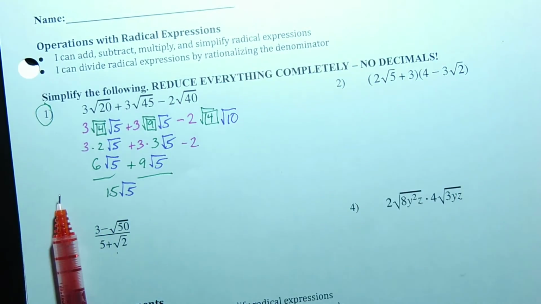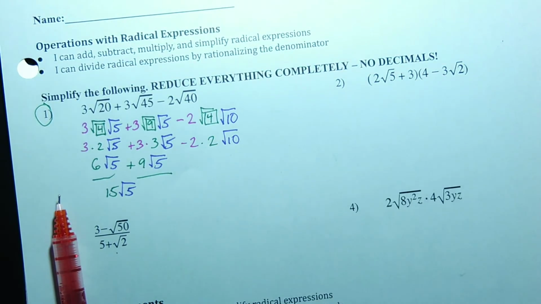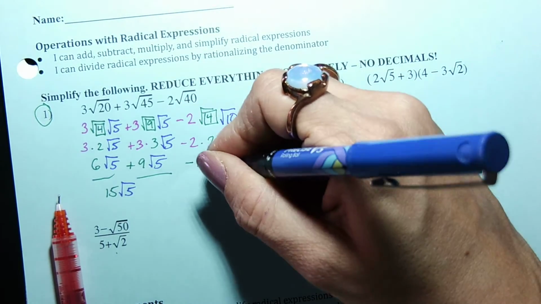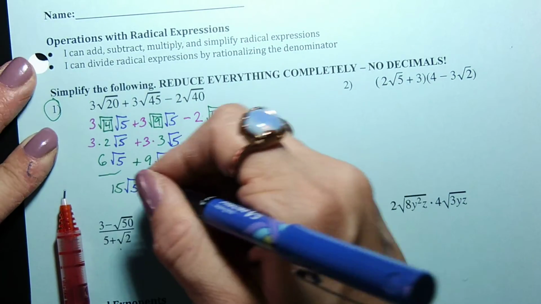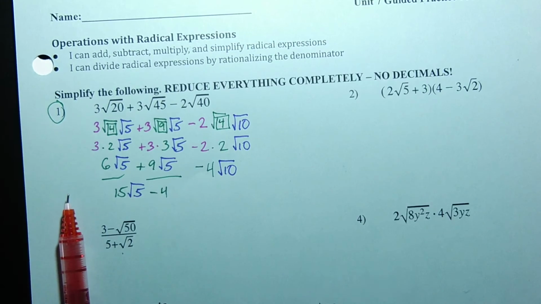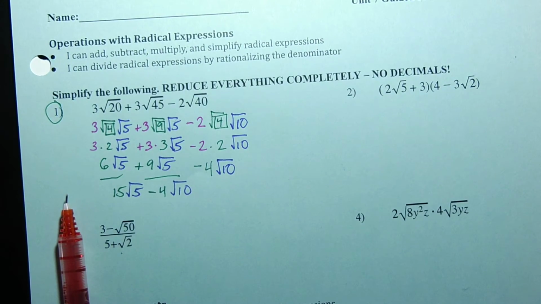So negative 2 times 2. Remember, these are multiplying, so that gives us a negative 4 rad 10. Am I going to be able to add negative 4 rad 10 to 15 rad 5? No. Nope. So that is our final answer.